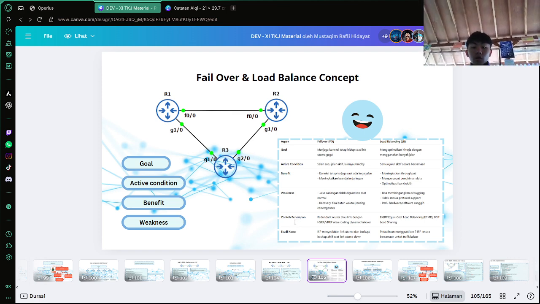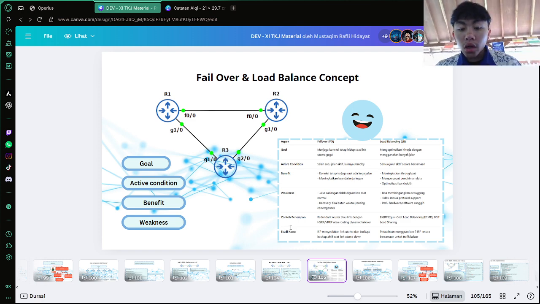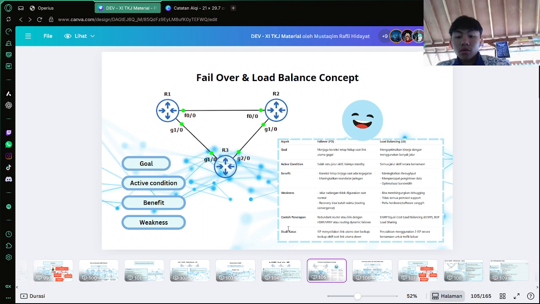Failover versus load balancing. The goal for failover is to maintain connectivity during primary link failure, and load balancing is to optimize network performance using multiple paths.